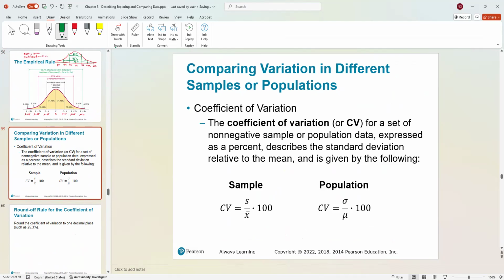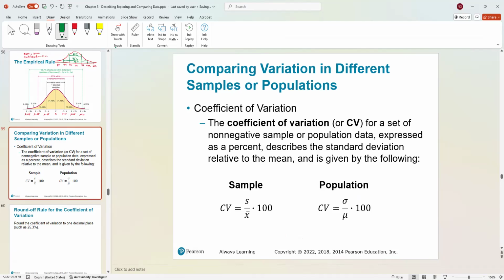The coefficient of variation, for a set of non-negative sample or population data, expressed as a percentage, describes the standard deviation relative to the mean and is given by the following formula. So we use this to find the coefficient of variation.